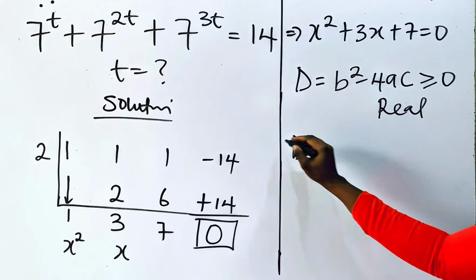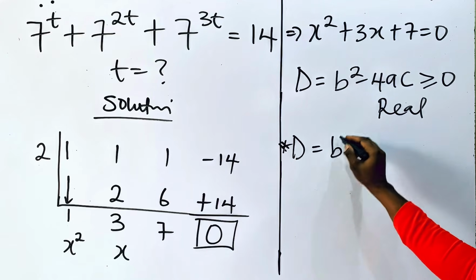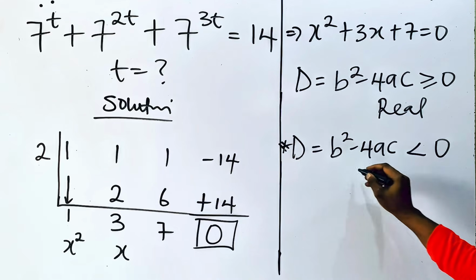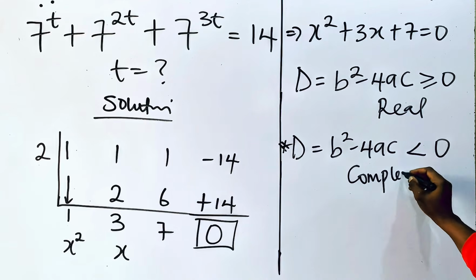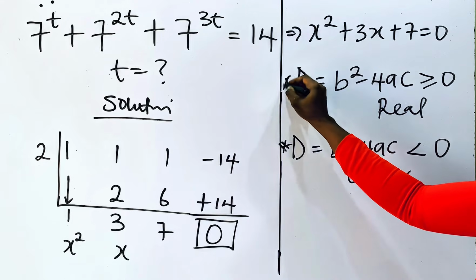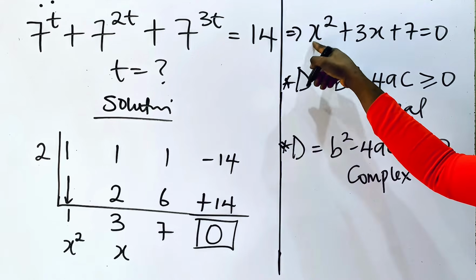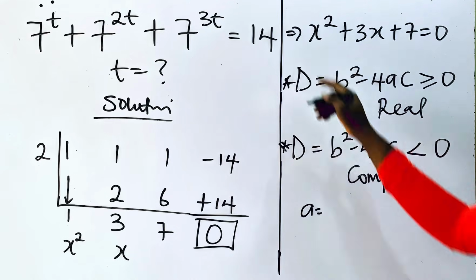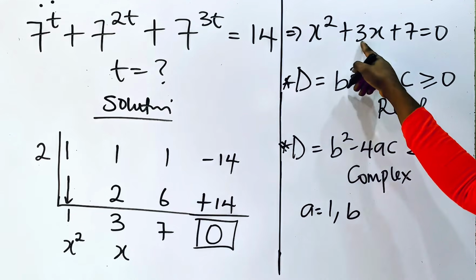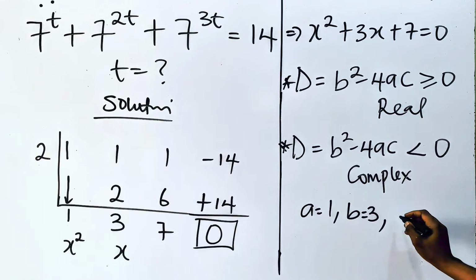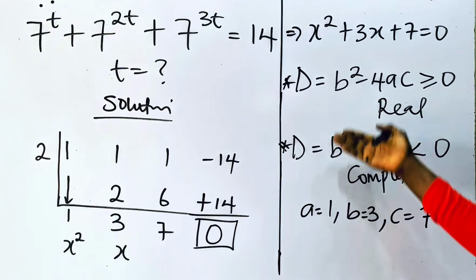But if d equals b squared minus 4ac is less than 0, it becomes complex, and in that case we are going to reject. Remember also that your a is the coefficient of x squared, which is 1, the invisible one here, your b is the coefficient of x, which is this 3, and finally your c is the constant, which is 7. So we're going to plug this in.